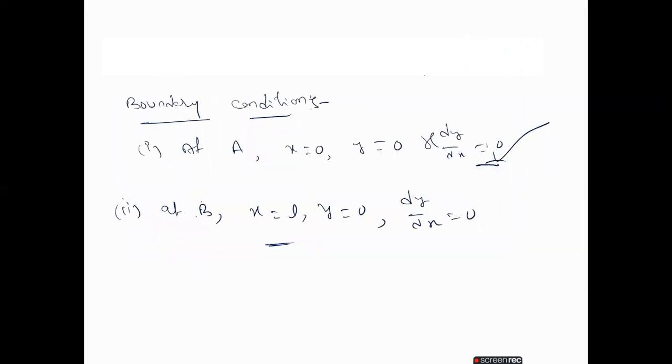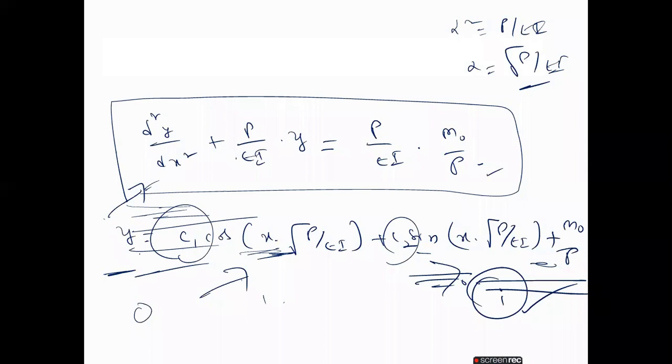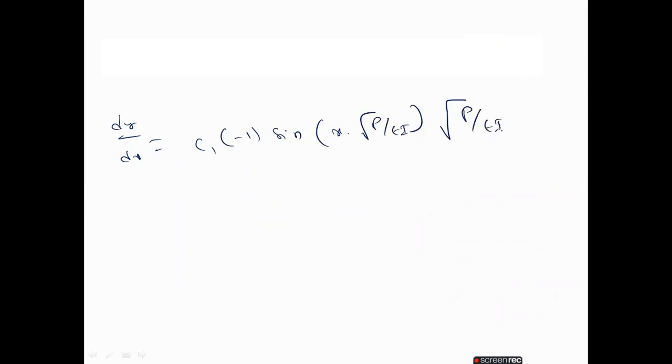Before substituting in the second condition, there is a dy by dx, so for this case we have to differentiate this equation. Dy by dx equal to C1 into minus sin x square root of P by EI, again into square root of P by EI, plus C2 into cos x square root of P by EI, into square root of P by EI, plus the constant is 0.